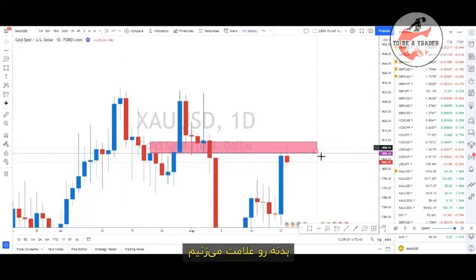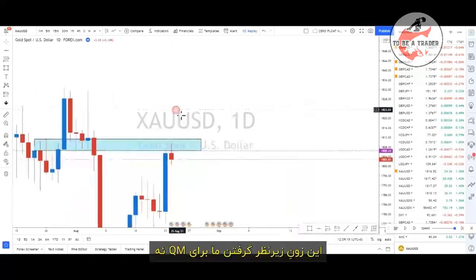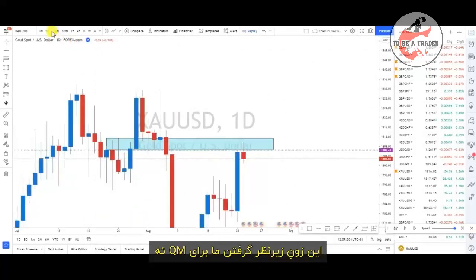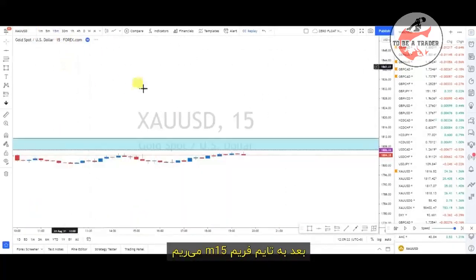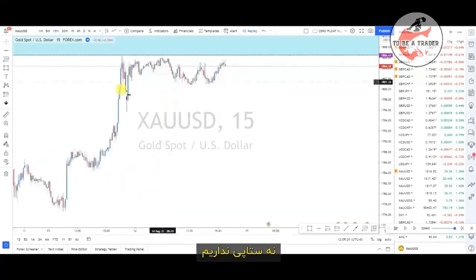Yes, there we go. I'm going to mark this in blue color as our monitoring zone for the QM. So next we go to the M15 time frame to see whether we can find any setup. Okay, no, we don't have any setup.